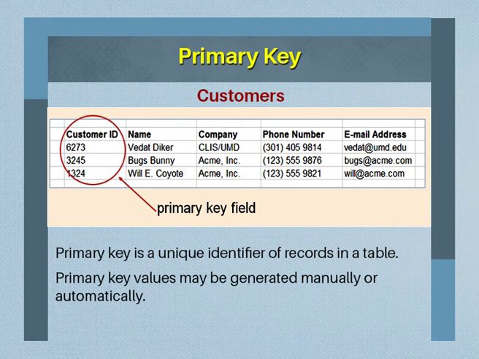So, here the customer ID or book ID, in technical terms the access number, is called the primary key. Primary key is a unique identifier of records in a table. Primary key values may be generated manually or automatically. It depends upon what provision you have created in the database at the time of development. So, primary key will have direct relations with that.